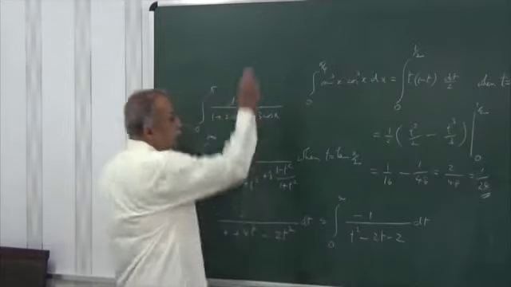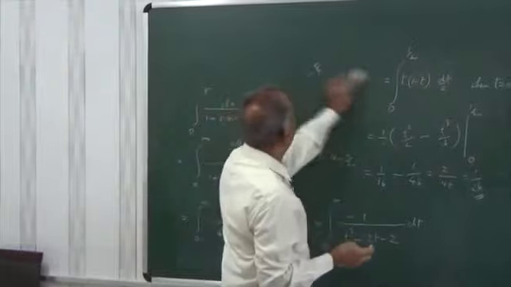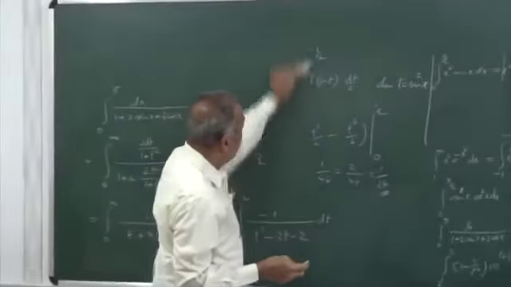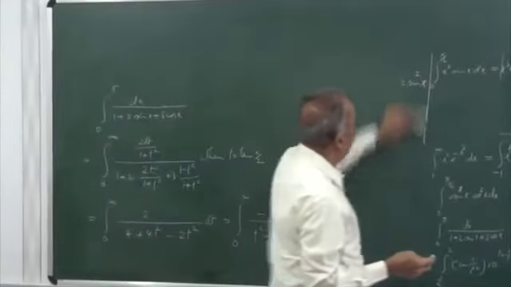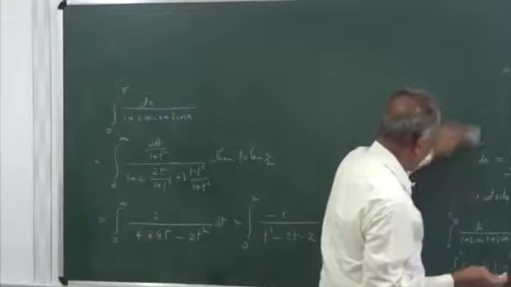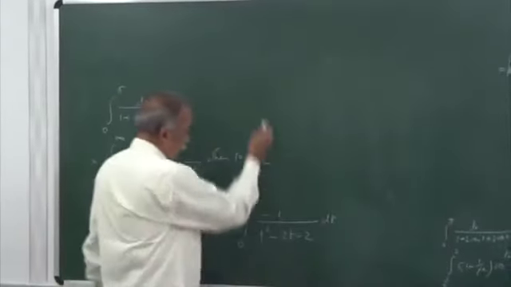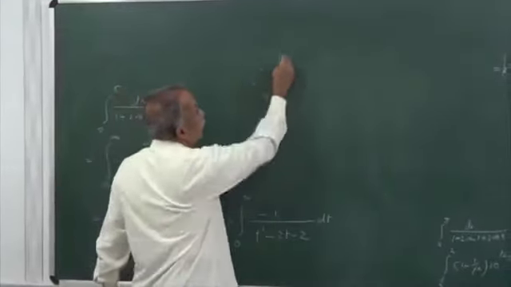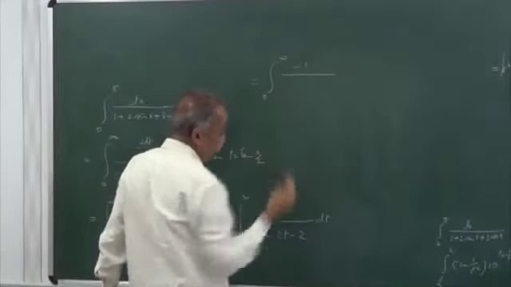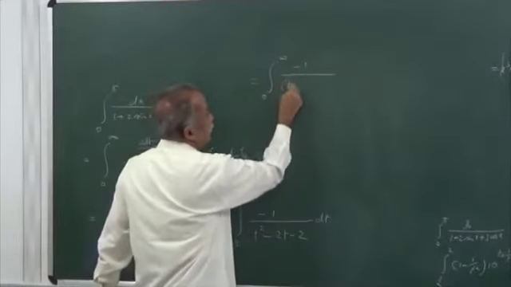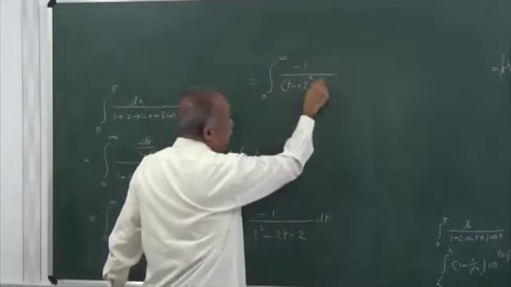We will get minus 1 by (t minus 1) whole square minus 3.